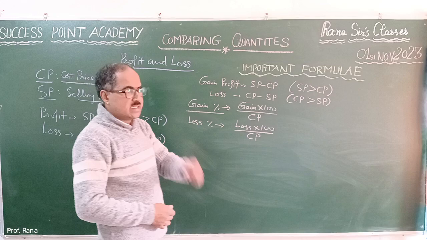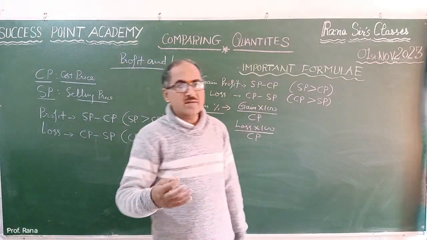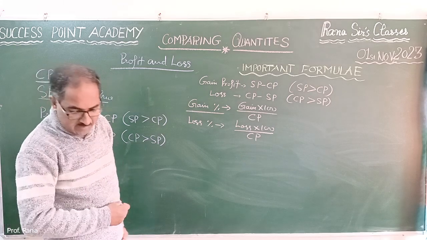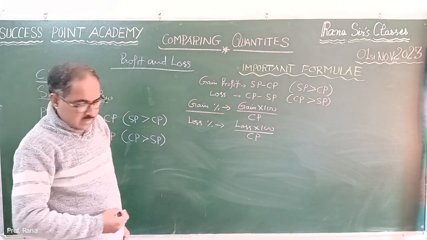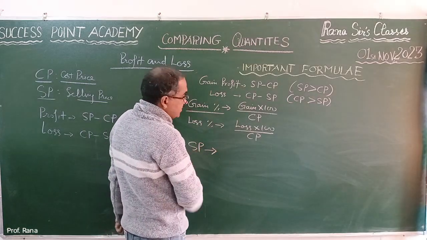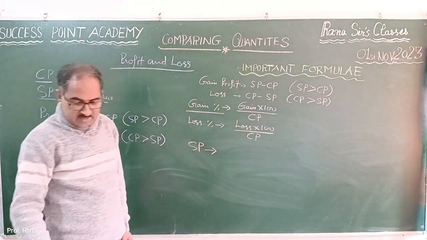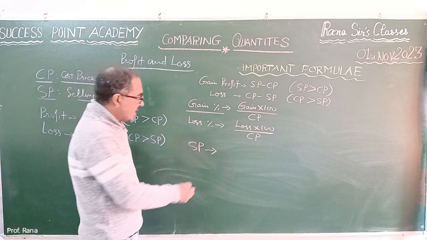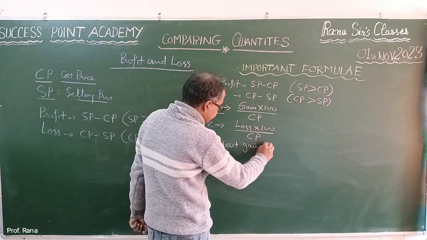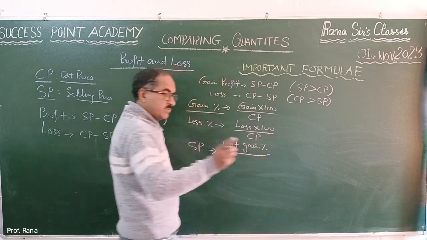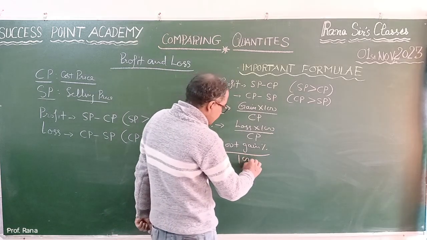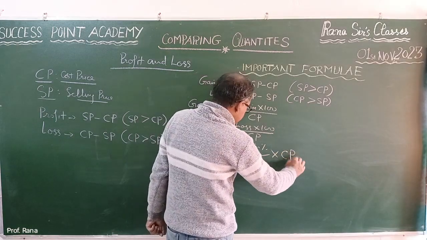If gain percentage is given, suppose, then what will you do to find your selling price? If gain percentage and cost price are given, then you will write 100 plus the given gain percentage upon 100 into cost price.